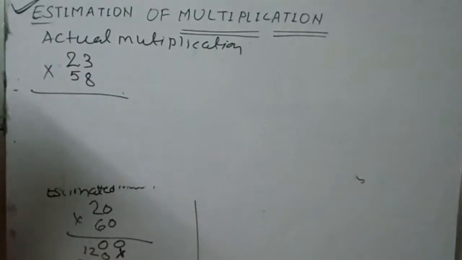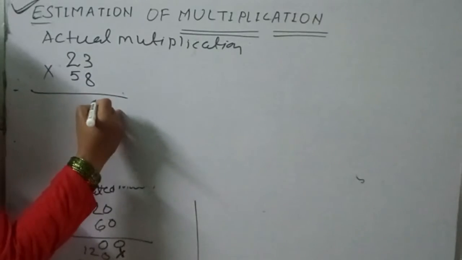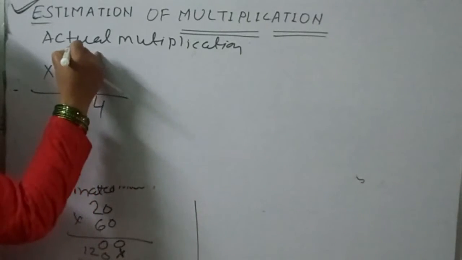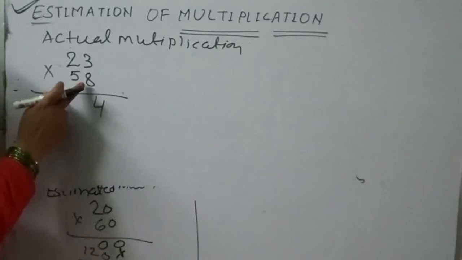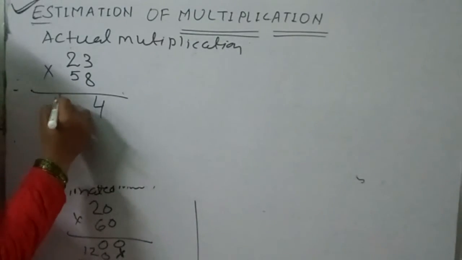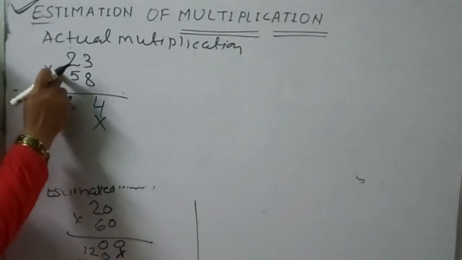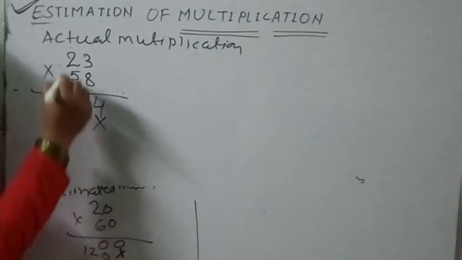Here, 8: you have to read the table of 8, how many times? 3 times. 8 threes are 24. Write here 4 and 2 is carry. Then again, read the 8 table 2 times. 8 twos are 16 and 2 carry is 18. Then put the cross here. 5 threes are 15. Write 5 and 1 is carry.